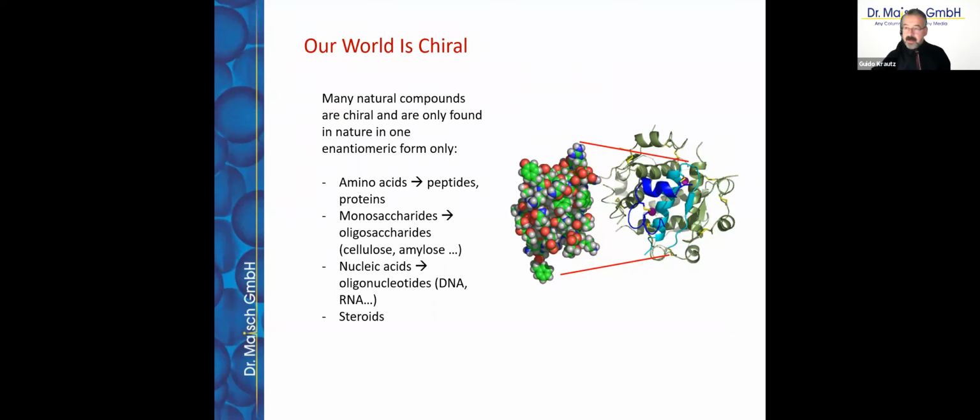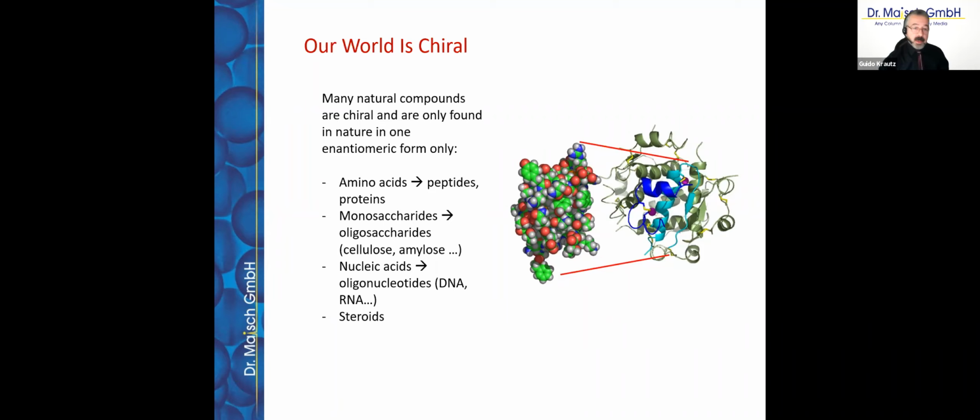So chirality is nothing unusual. In fact, our whole world is chiral. I started with the example of the hands, but many natural compounds are also chiral, and in nature, they are only present in one enantiomeric form, such as amino acids. Natural amino acids are L amino acids. So the enantiomer of that is not a natural amino acid. And amino acids are the building blocks for peptides and proteins.